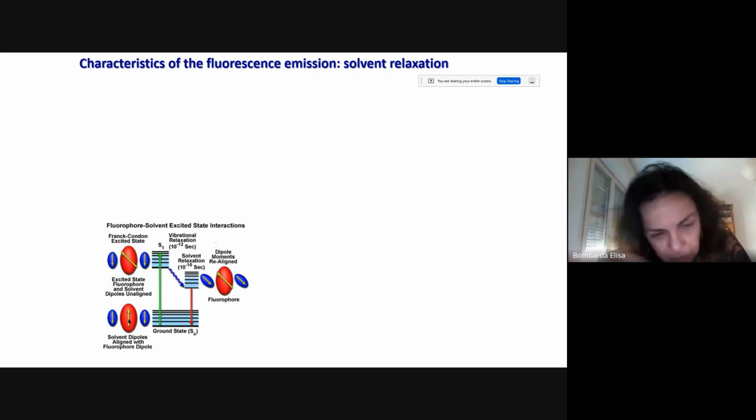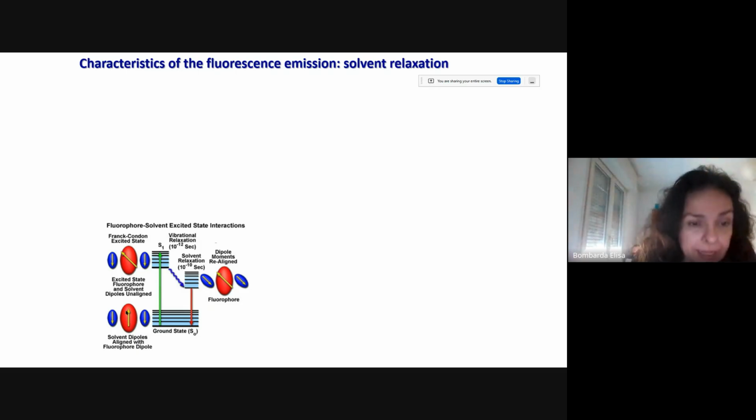We will see this when we talk about polarization. Good. Since the excitation is very fast, here we are in the 10⁻¹⁵ seconds, so it's really extremely fast.